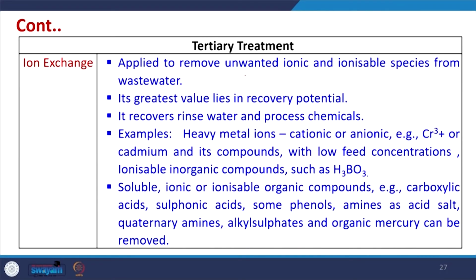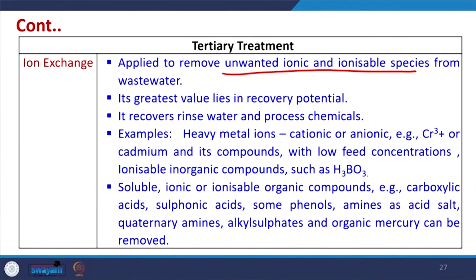Similarly, the ion exchange technique can be used to remove unwanted ionic and ionizable species from the wastewater. It is very common to remove calcium, magnesium, etc. It can also remove other types of heavy metals from the wastewater. So, this technique is highly used.